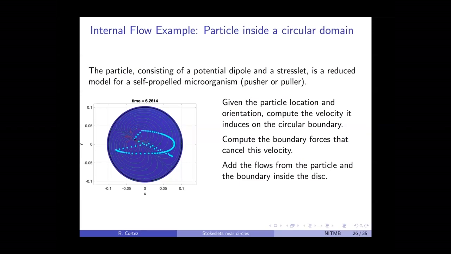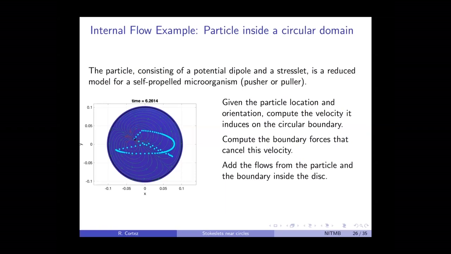So that propels itself, but this is inside a droplet, for example, or some kind of circular boundary where the velocity is zero. So again, the organism produces a velocity that would modify the boundary values. So we have to find forces on the boundary to cancel the velocity there. And then the motion is the superposition of both velocities.